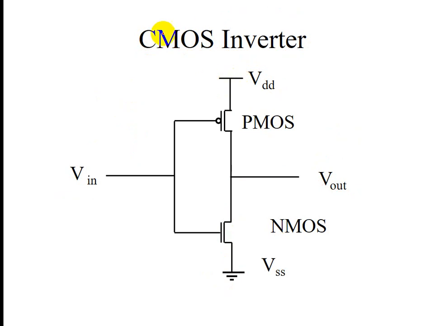Let's look at it the other way. If you have low voltage, input 0, I mean your VG less than 0.